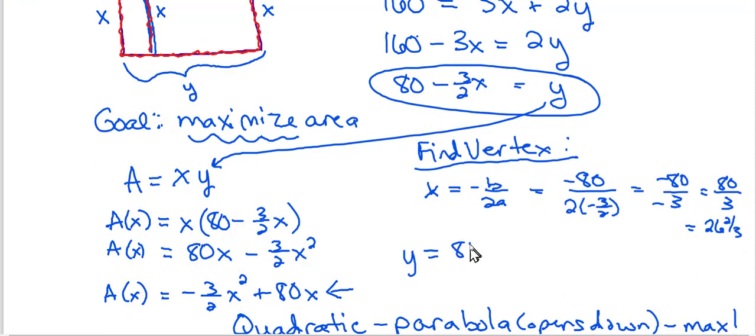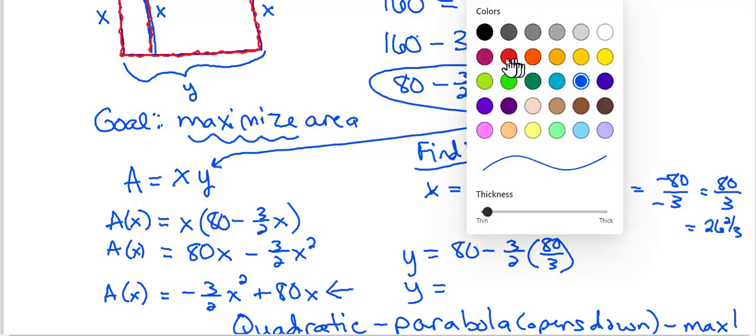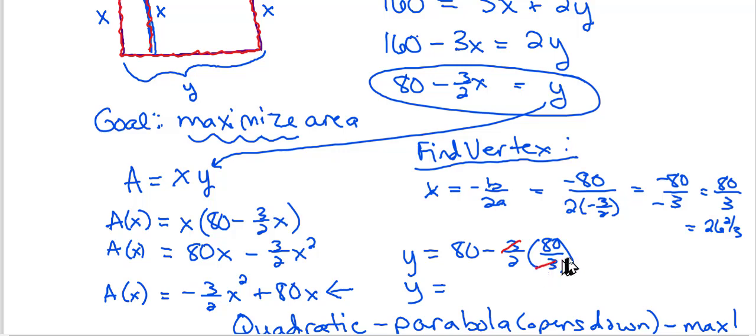Y equals 80 minus 3/2 times, I'm going to write that as the 80 over 3. I think it's easier to multiply as an improper fraction. The 3's simplify, and that gives me 80 over 2, which is 40.